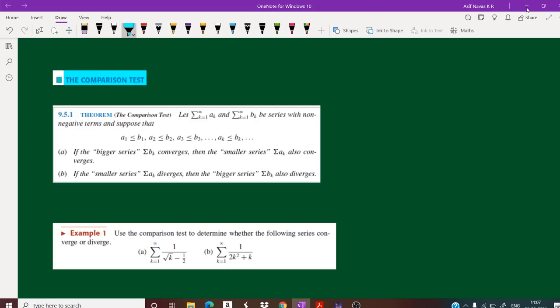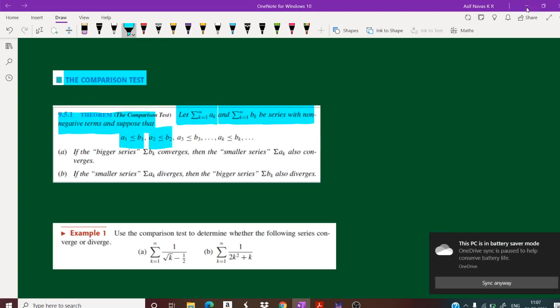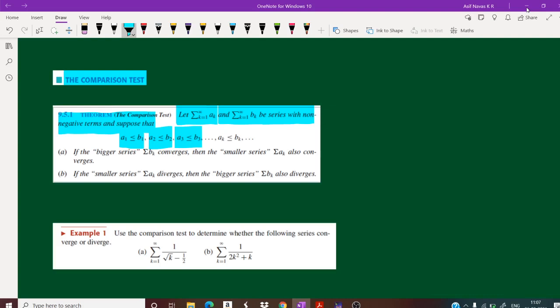So comparison test is: let the series sigma k equal to 1 to infinity ak and sigma k equal to 1 to infinity bk be series with non-negative terms, and suppose that a1 less than or equal to b1, a2 less than or equal to b2, a3 less than or equal to b3, etc., ak less than or equal to bk.